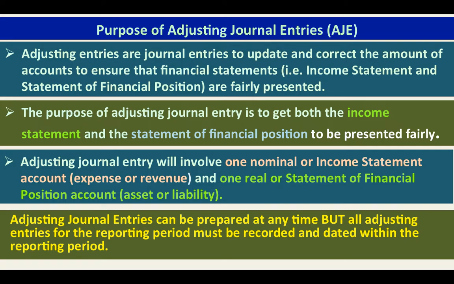Normally, para sabihin na adjusting journal entries yun, basta nakita mo na yung date, basically you will have an understanding that it is an adjusting journal entry. Okay? So, kung 2017 yung fiscal year mo, or I would say calendar year, ang date is December 31, 2017, normally, that is the date of your adjusting entry.